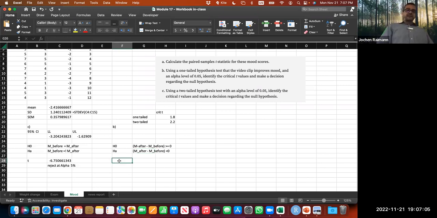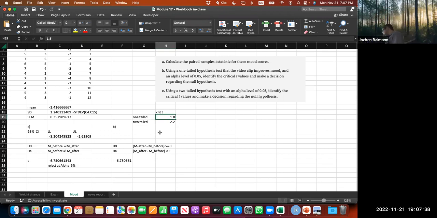So now what that means for our interpretation is that our T, which is going to be the same, our critical T for the one-tailed hypothesis is 1.8, or in our case now it's minus 1.8. So we know now that our T is exceeding also that critical T from a one-tailed hypothesis, which we kind of knew because it's even smaller.